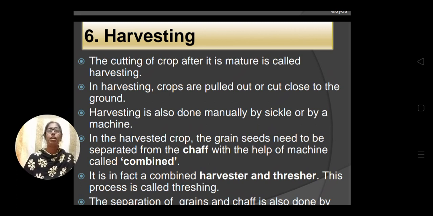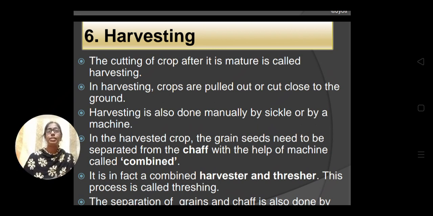This can be done manually by cutting them with sickles, or by using machines also. But those who cannot afford it can do it manually. Next, after harvesting, after cutting the crops from the field, what do we have to do?